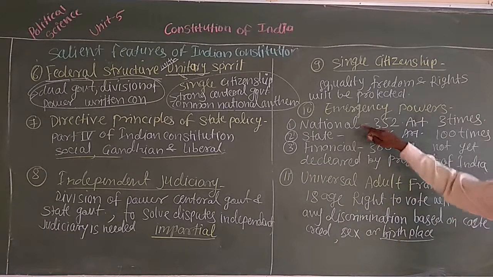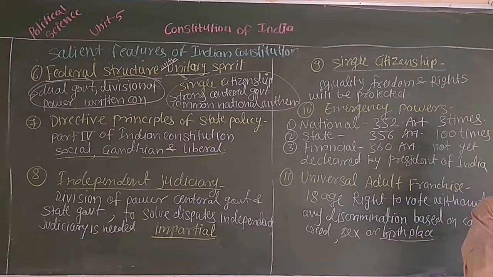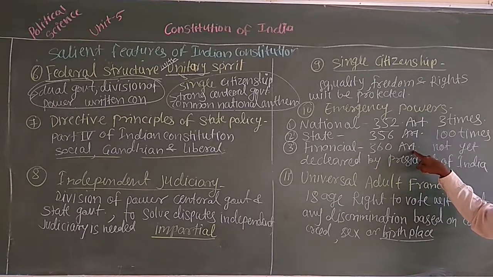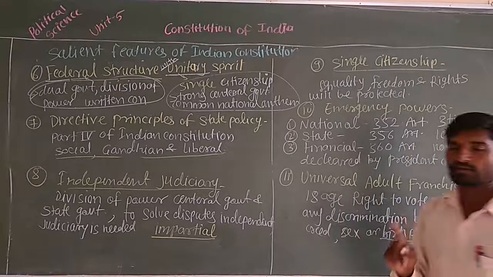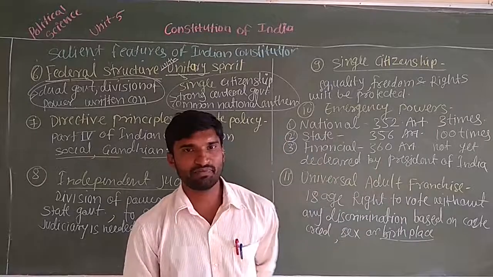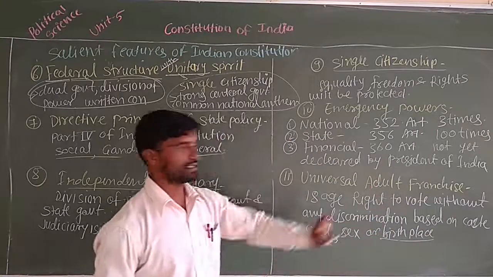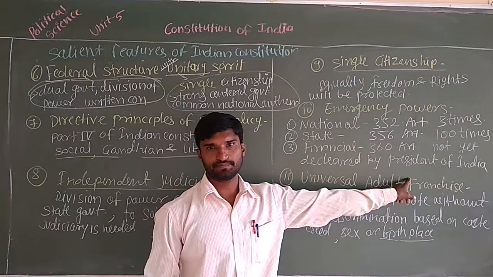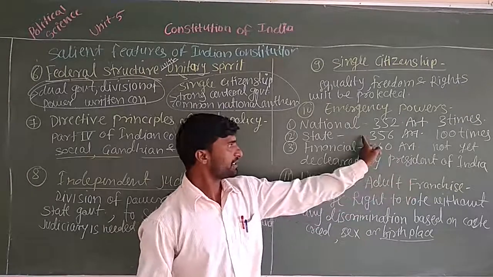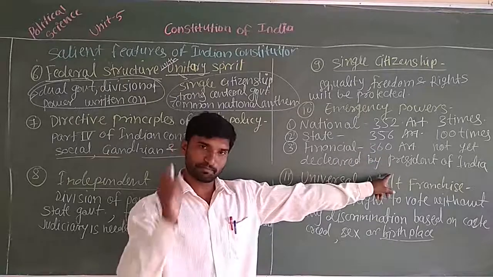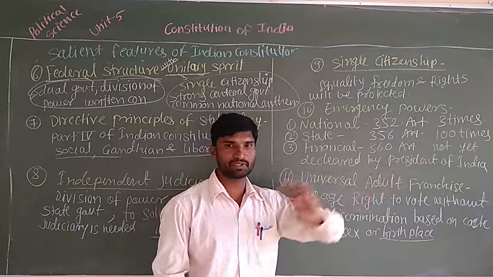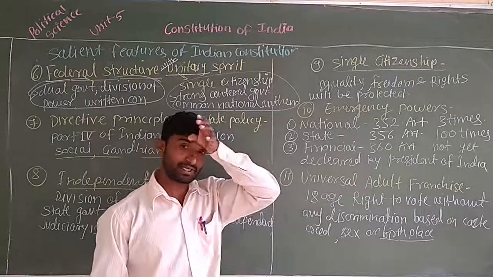National emergency is when another country attacks our country, and financial emergency is Article 360, but not a single time has the Indian government introduced it. All this will be declared by the president. State emergency will be declared with the help of the governor, but definitely it will be declared by the president itself, and the state comes under the president's rule.